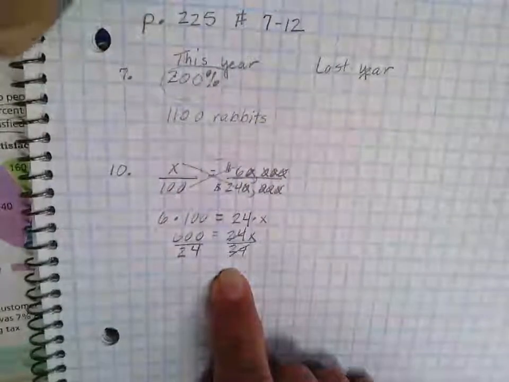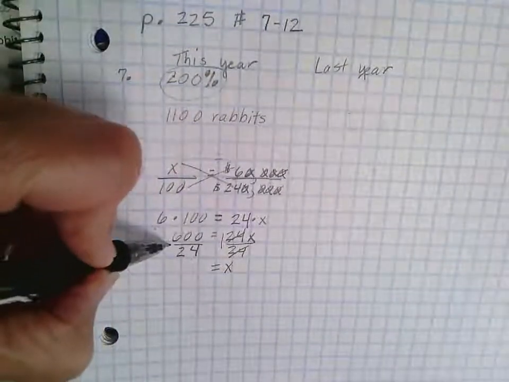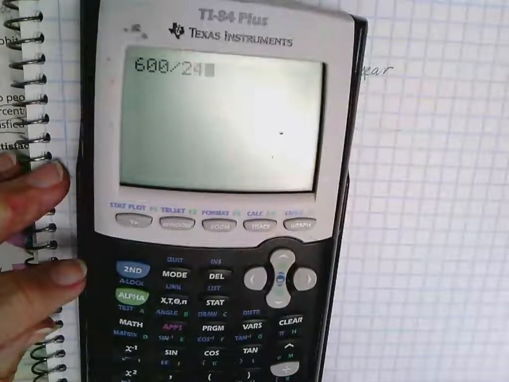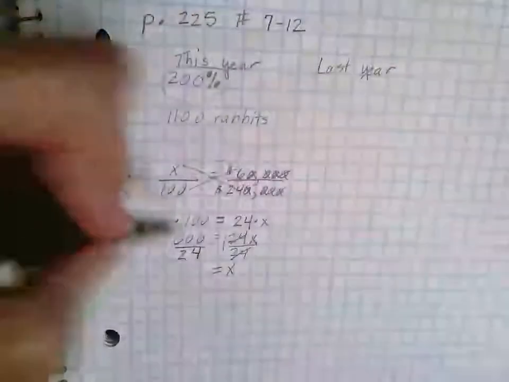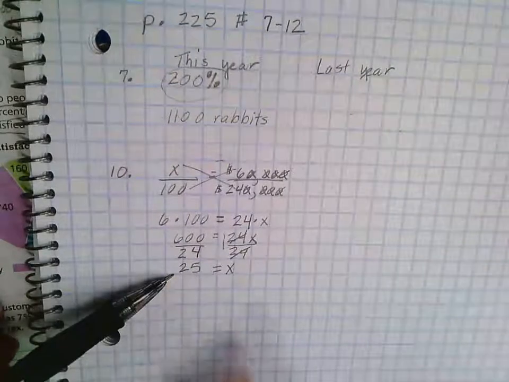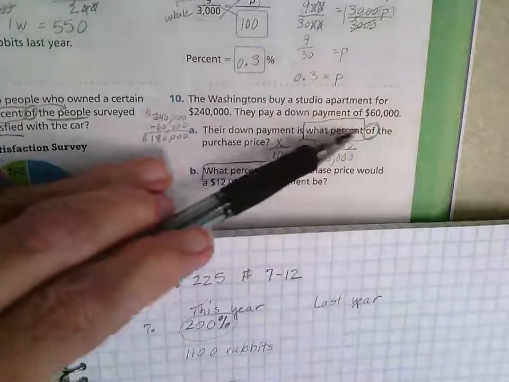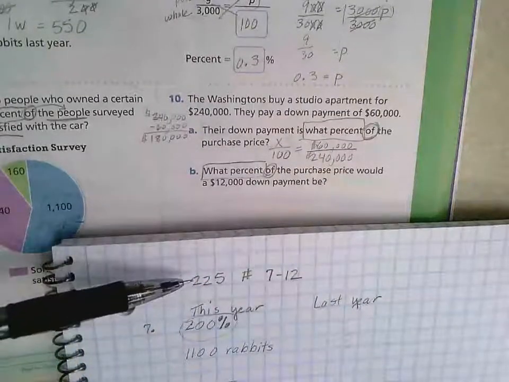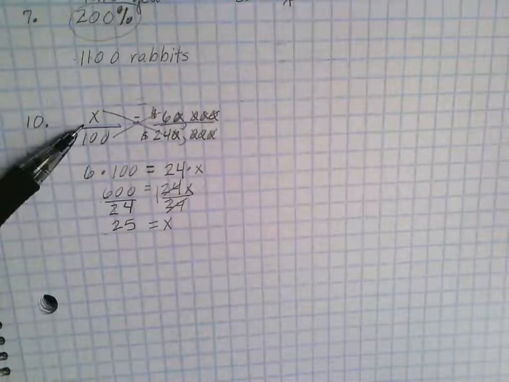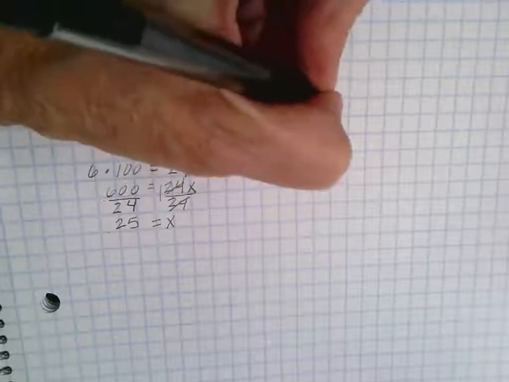24 divided by 24 is 1. 1x. 1 times x is just x. And when I use my calculator, 600 divided by 24 is equal to 25. So now I found my x. My question said, their down payment is what percent of the purchase price? Well, I know that x is 25, and that would go above my 100, and that is how I represent percents in fraction form.